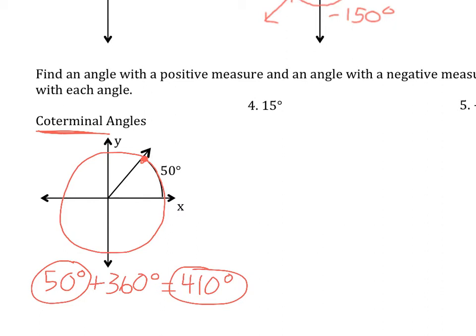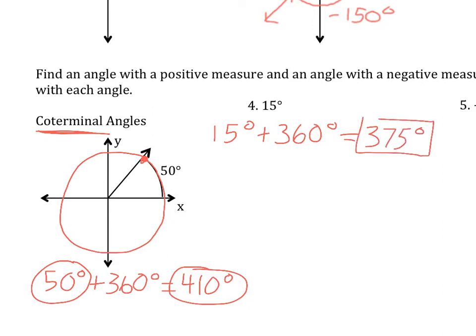Alright, so for number 4, we want to find a positive angle that's coterminal to our angle, and also a negative angle that's coterminal with the given angle. So to find the positive one, I'm going to add 360. So here's our positive angle that's coterminal to 15.